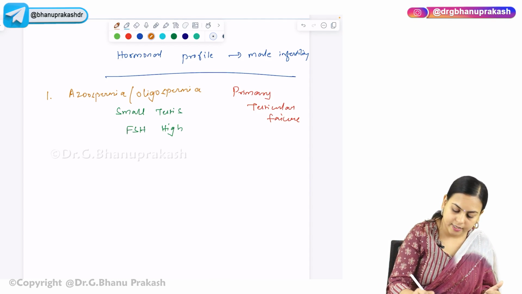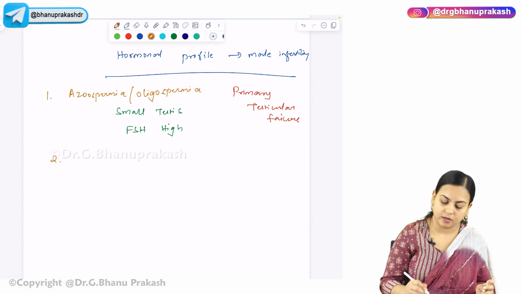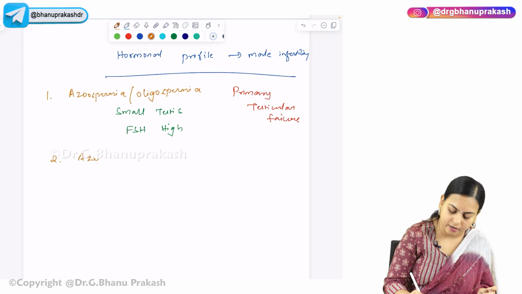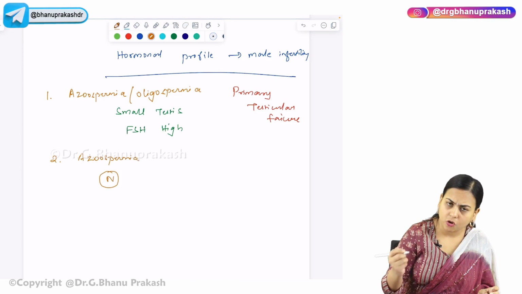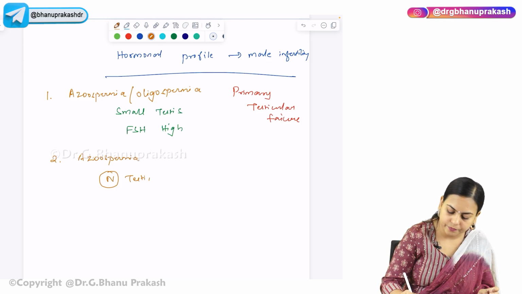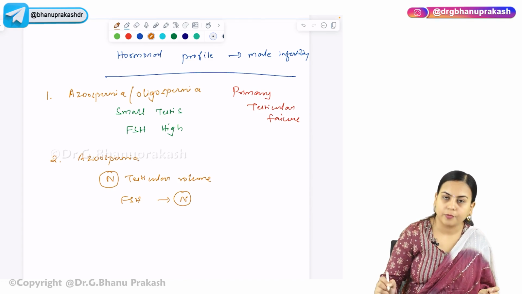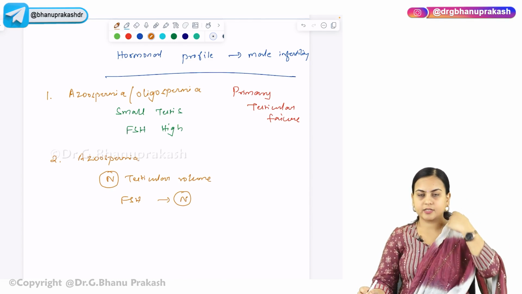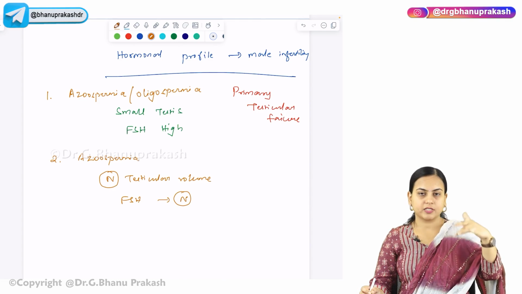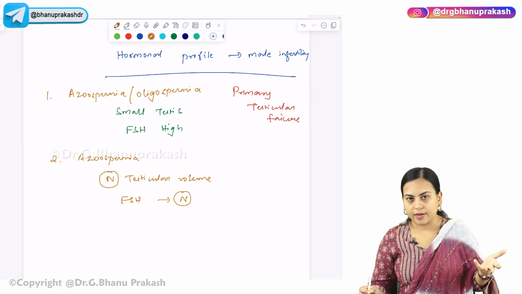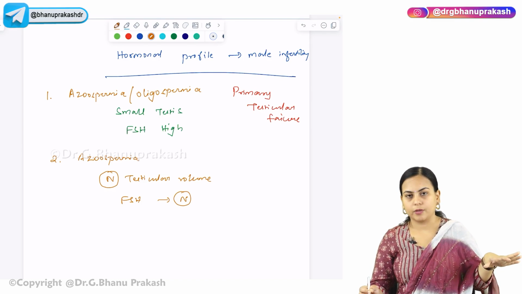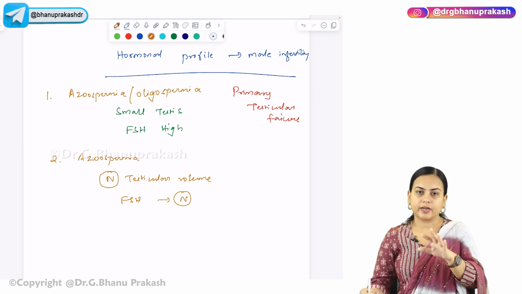Yes. And the second set of investigations we get is azoospermia, where you have a normal testicular volume and the FSH is also normal here. So, testis is normal. So, the FSH is not going to stimulate above its normal value. So, FSH is also normal, but you don't get any sperms.